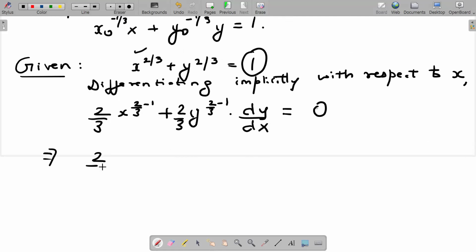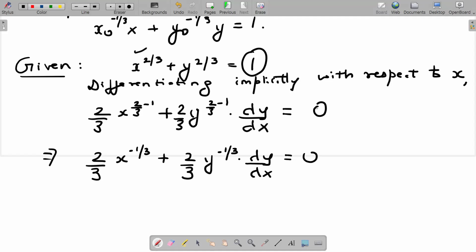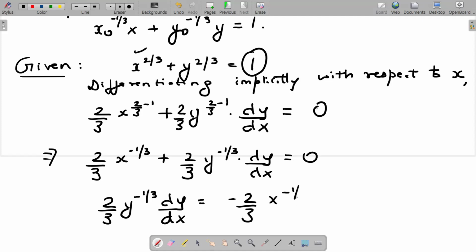I get 2/3 x to the power negative 1/3 plus 2/3 y to the power negative 1/3 times dy by dx is equal to 0. So I get 2/3 y to the power negative 1/3 dy by dx is equal to negative 2/3 x to the power negative 1/3. How did I get this? I just took it to this side.